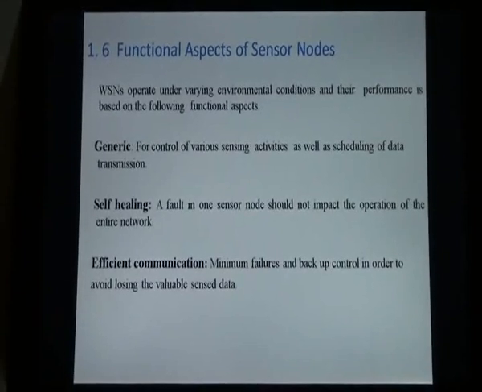They are supposed to be self-healing, that is, if a fault occurs in one of the sensor nodes, it should not affect the entire network. And lastly, they should have efficient communication, that is, minimum failures, and a backup in case of failures to avoid losing the sensed data, and they should also retain the sensed data in an effective manner.